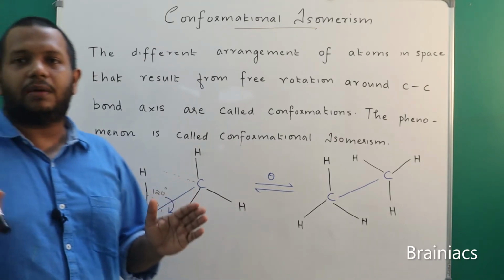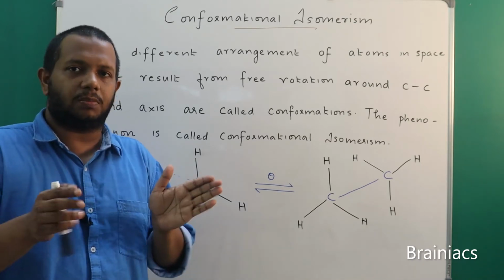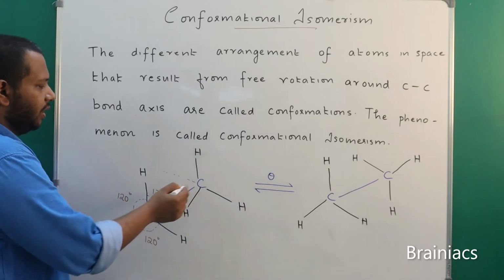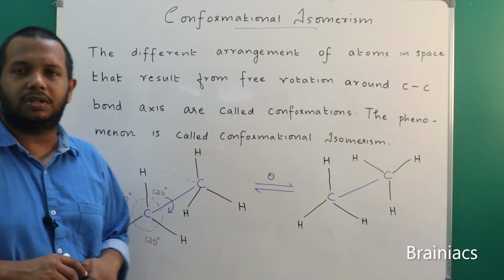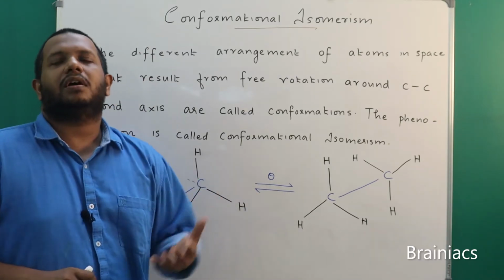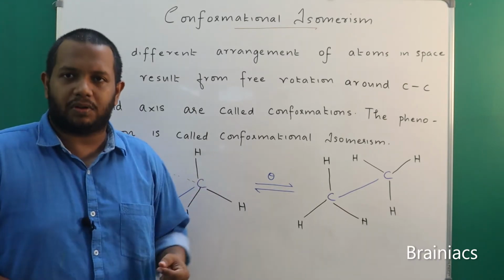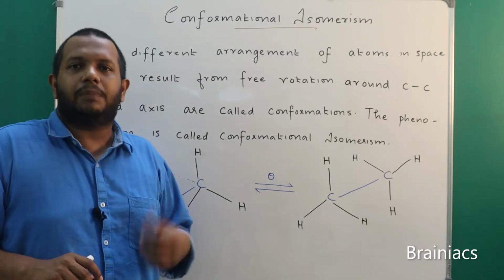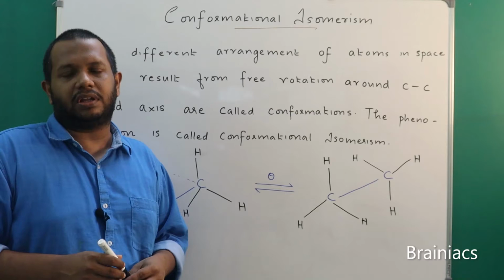Until now we have learned geometrical isomerism, where rotation around the carbon-carbon bond is not possible. If this is a carbon-carbon bond, a double bond is present in alkenes and no rotation is possible. Then we learned optical isomerism, which is totally different, where plane polarized light is passed through the compound and we observe its rotation, and based on that rotation we call it dextro-rotatory or levo-rotatory, correct?